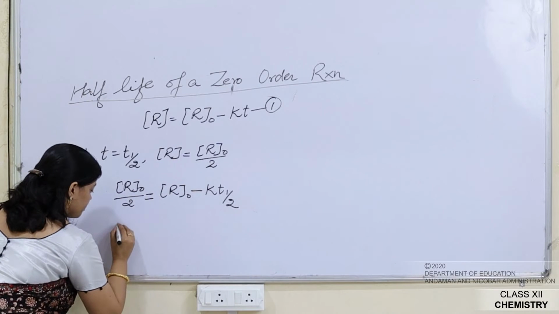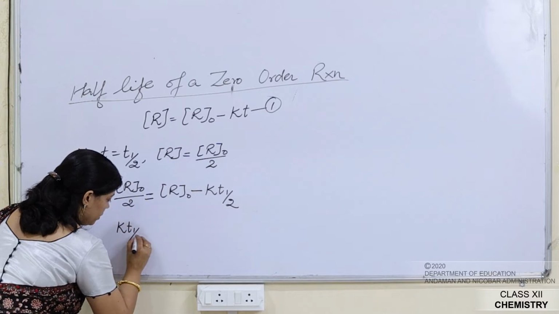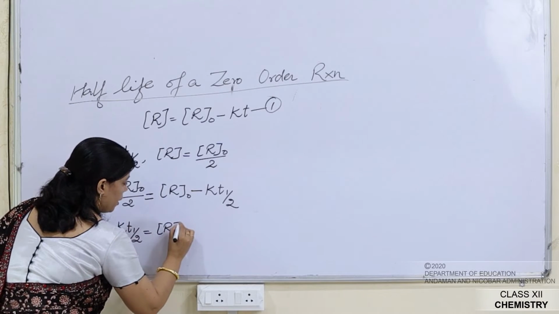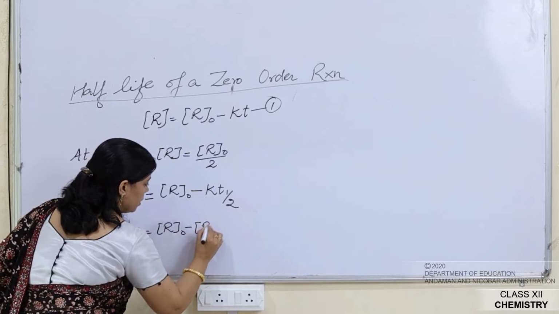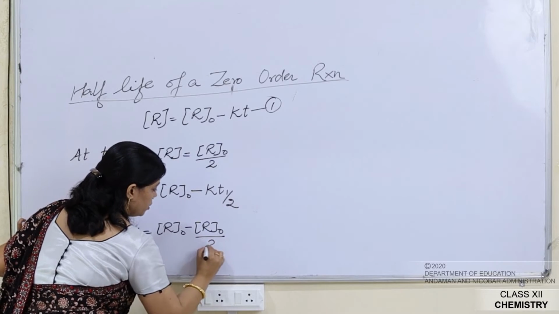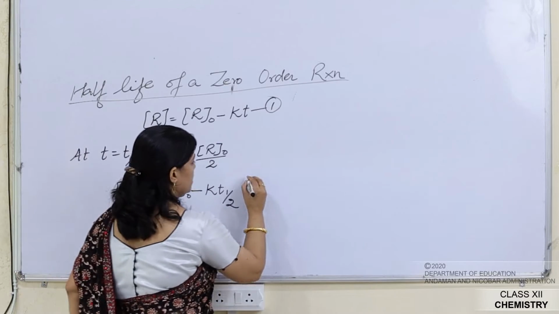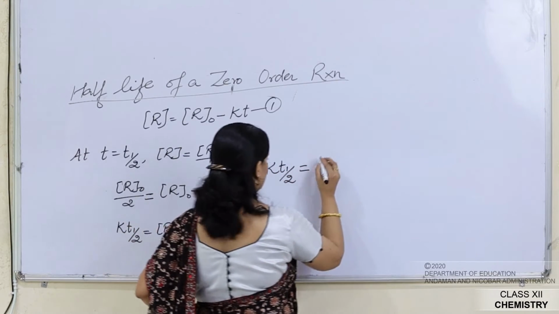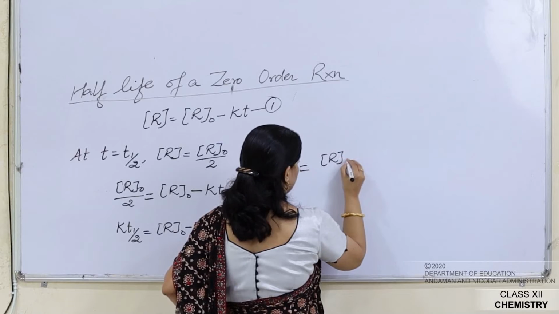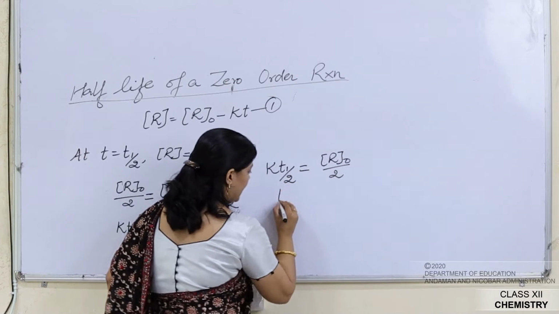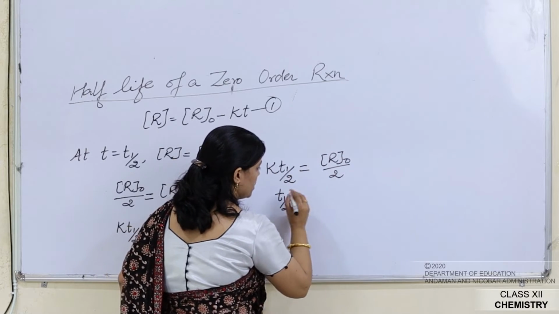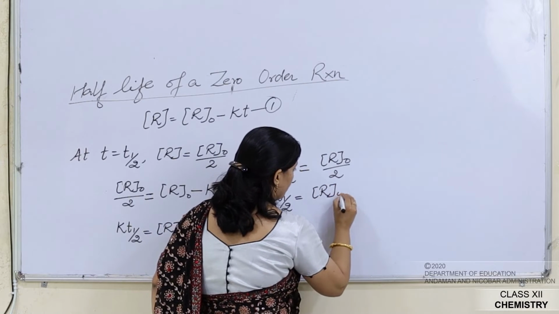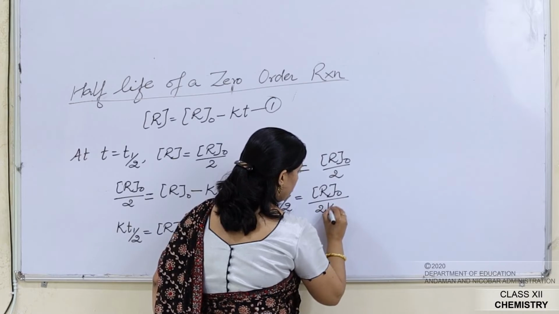Then KT half is equal to what? This is equal to R naught minus R naught by 2. After solving this, KT half is equal to R naught by 2, and T half, the half-life period for a zero order reaction, is equal to initial concentration divided by 2K.